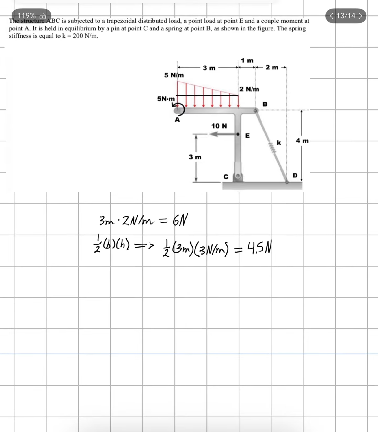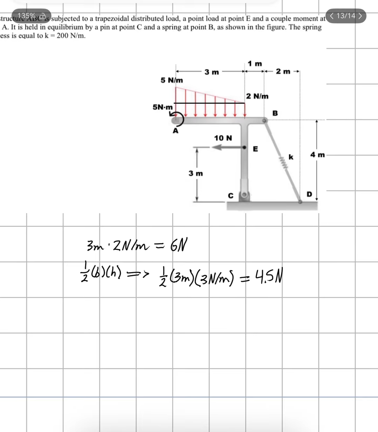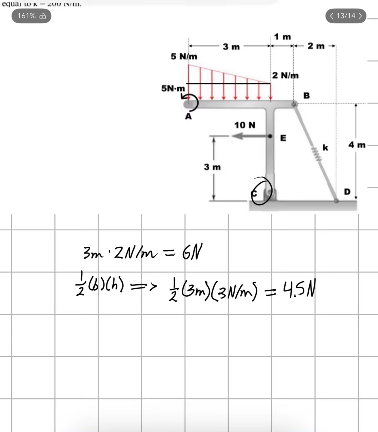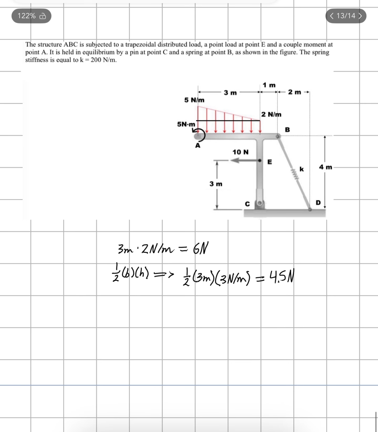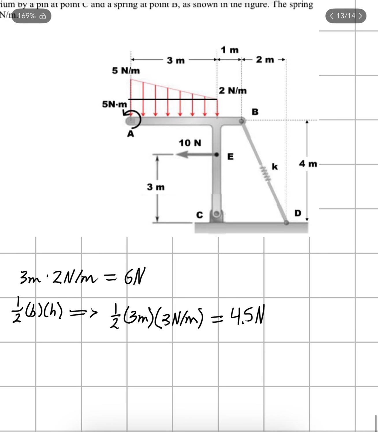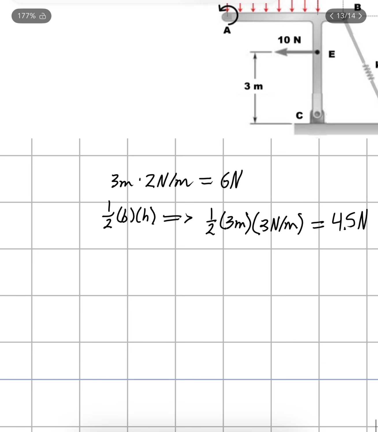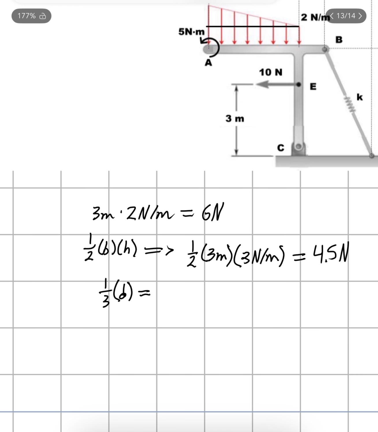The next thing we can do is find those force points relative to the point C, since we are solving for the forces about C as well as the tension force here. We know that the center of force about a triangle is 1/3 times the distance, which in this case is 1/3 times 3, which equals 1 meter.